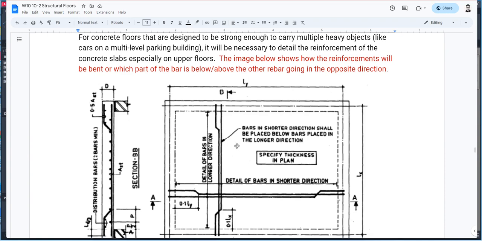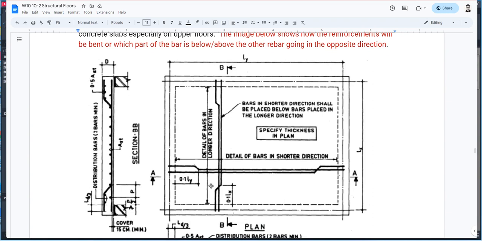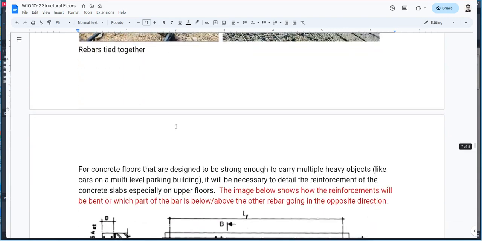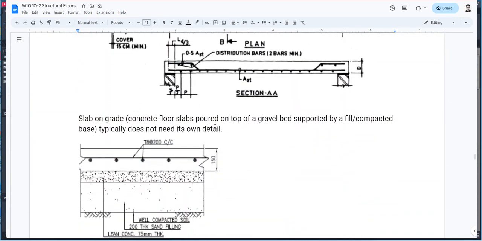So that slab will need to be detailed in terms of how the rebars get bent and which one is under which, what thickness is the upper rebar from the lower rebar, and all that other stuff. Because you see here, the lower rebar is thicker, and the other direction of the rebar is actually a smaller diameter. So that one has to be detailed.